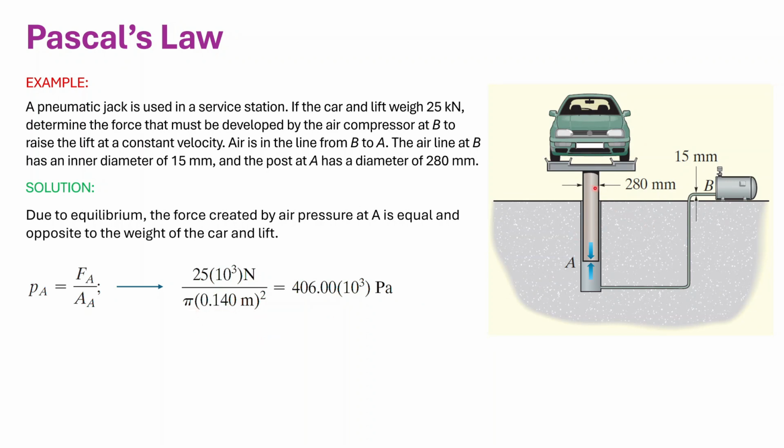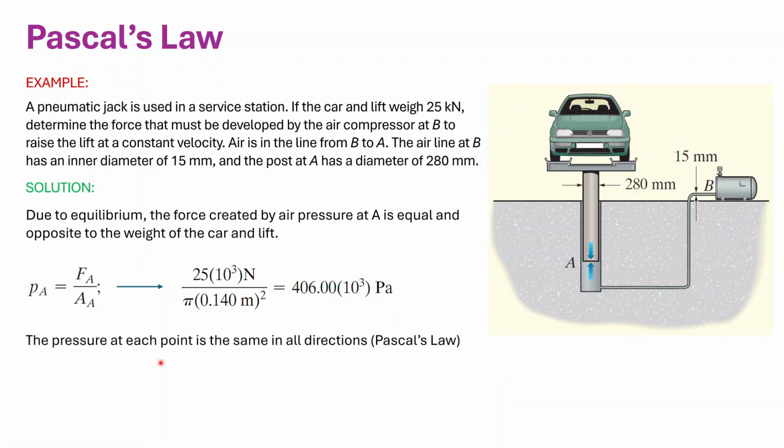We know that the diameter is 280. Therefore, r, which is the radius, is half of it, 140 millimeters. And if we convert to meters, it is 0.140. So the result would be 406 times 10 to the third Pascal. So this is pressure at A.